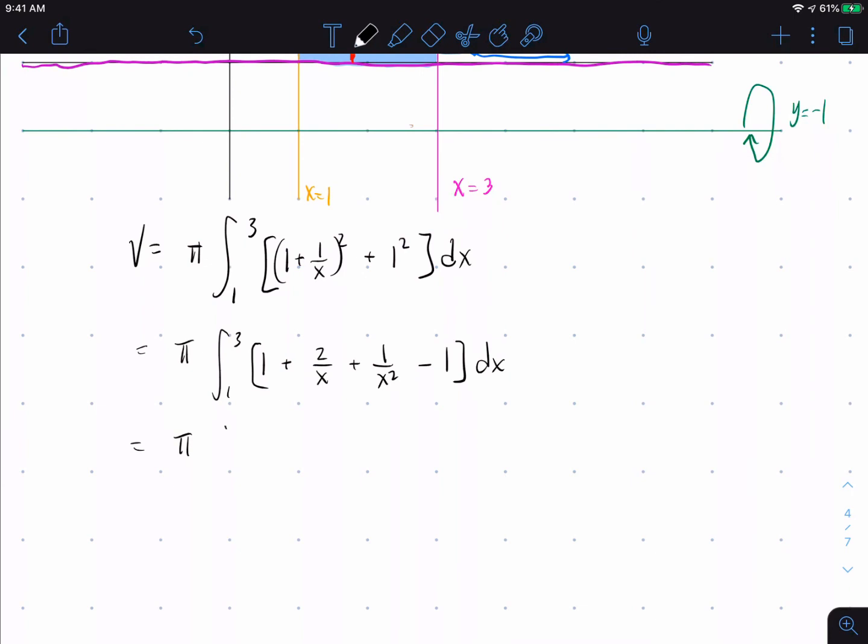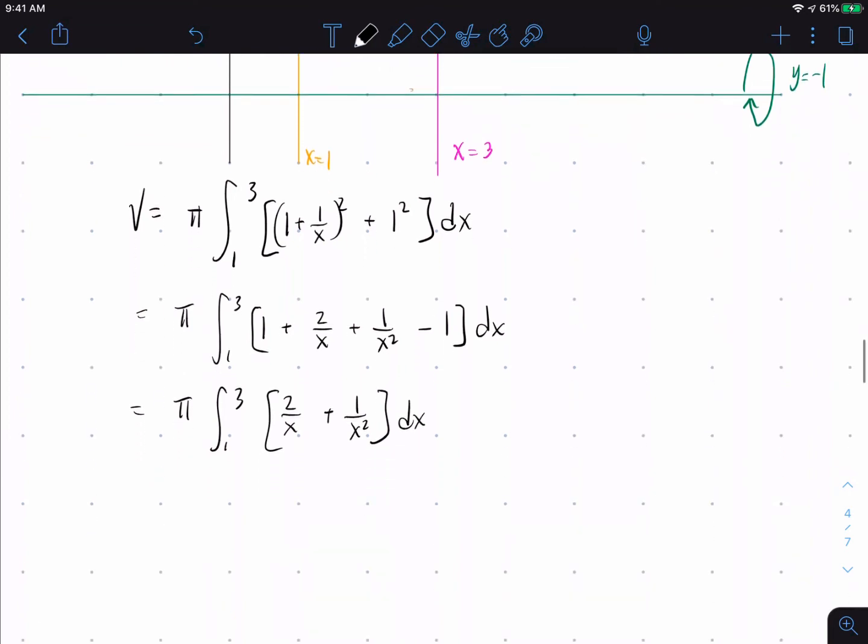That will become the integral from 1 to 3 of 2 over x plus 1 over x squared dx, because the 1's will cancel.